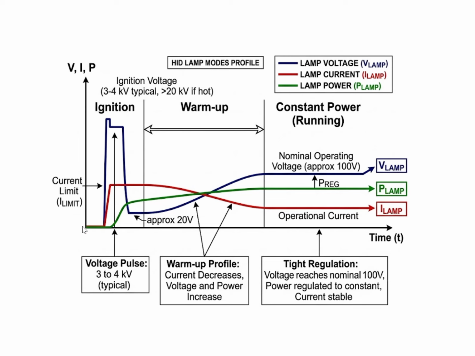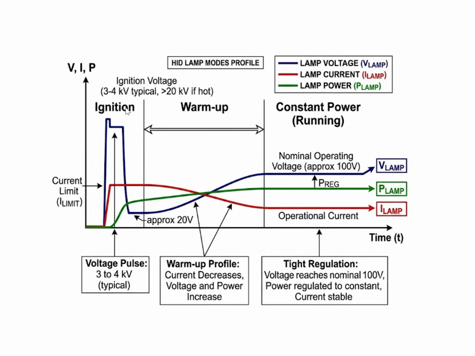You can see the color is different for each characteristic. This is the voltage curve, this is the power curve, and this one is the current curve. By this you can see at which stage which parameter varies and how it varies.